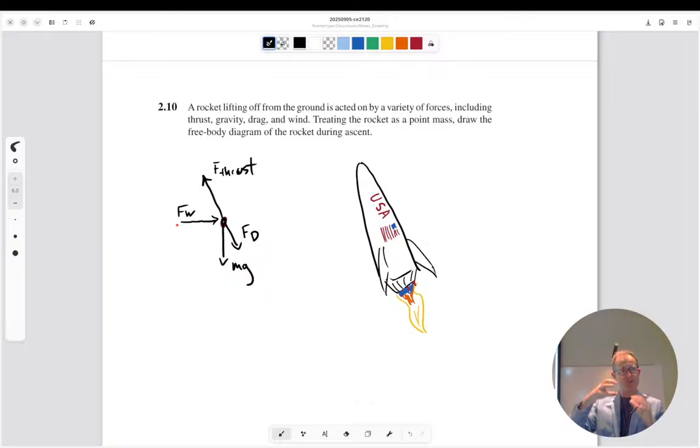If we want to change the orientation of something, we need a torque somehow. Can I apply torque with any of these forces in my free body diagram? What's the moment arm for each force? Does wind have a moment arm in our diagram? No?